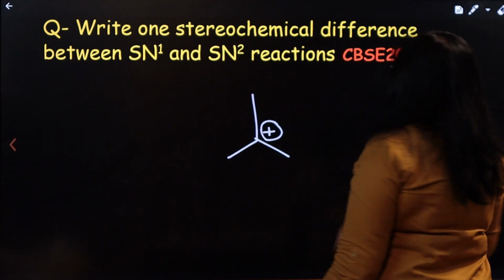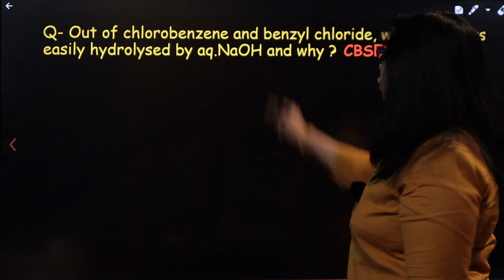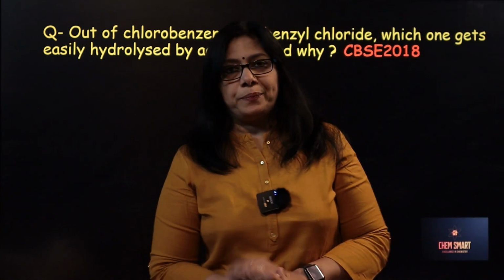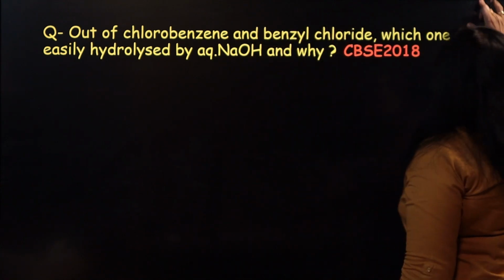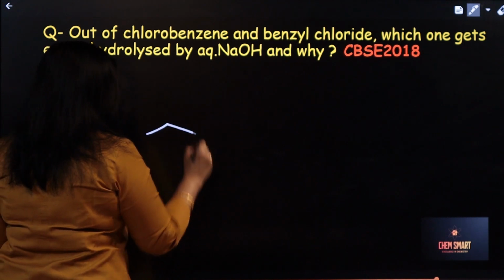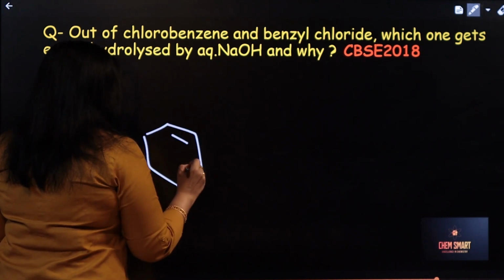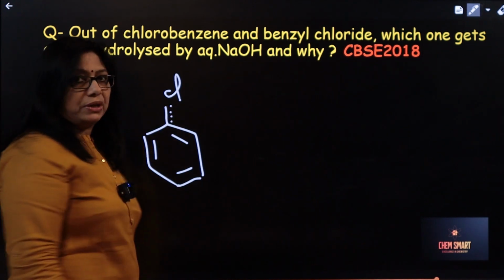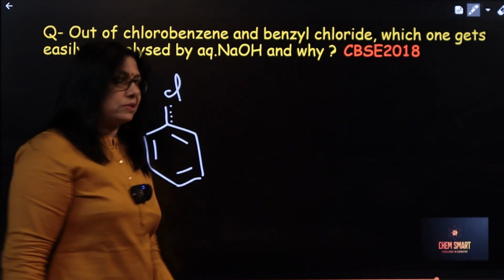Now, the next question. Out of chlorobenzene and benzyl chloride, which one gets easily hydrolyzed and why? Let's see what is chlorobenzene. We have discussed already in the same session here. Chlorobenzene is this. You know there is a partial double bond character between C and Cl due to resonance.